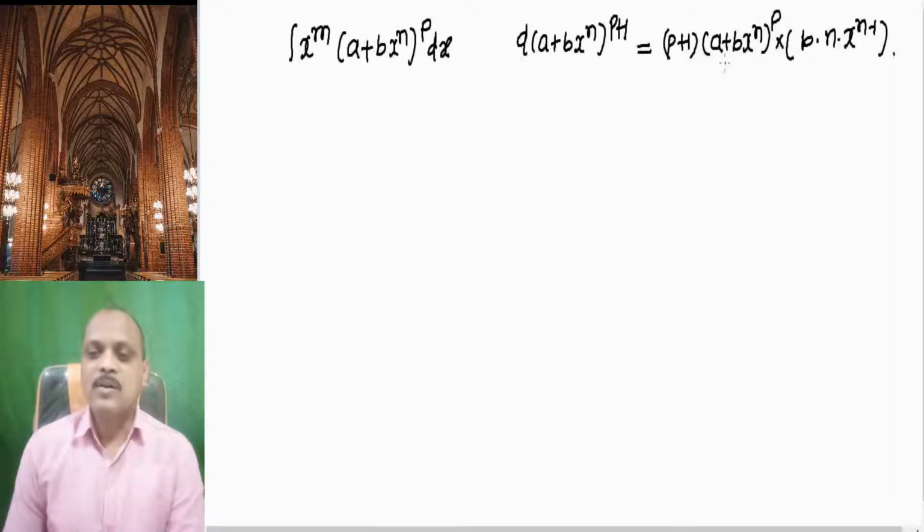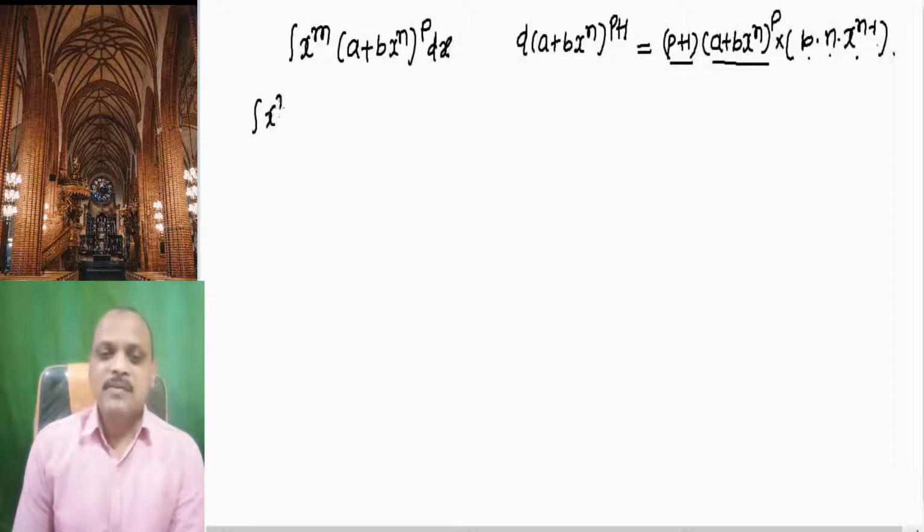Here we have (a plus b x raised to n) whole raised to p in the integration, and therefore we adjust this p plus 1 and b n x raised to n minus 1 in the integration, so that it will become a complete derivative of (a plus b x raised to n) whole raised to p plus 1.